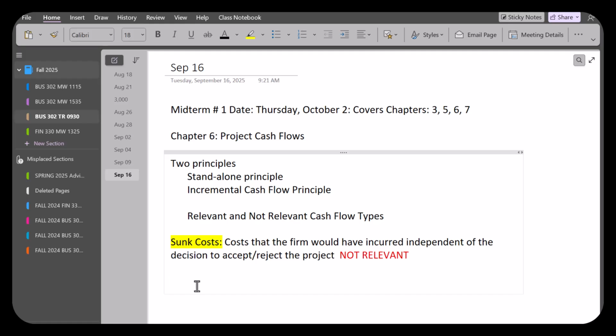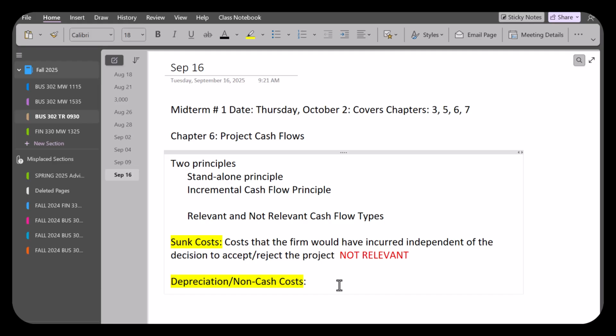Next, let's think about things like depreciation or non-cash costs. Anybody willing to take a stab at it? Do you think we should consider non-cash costs?